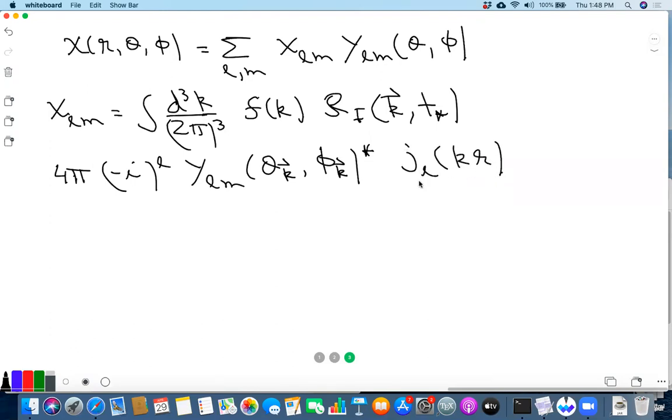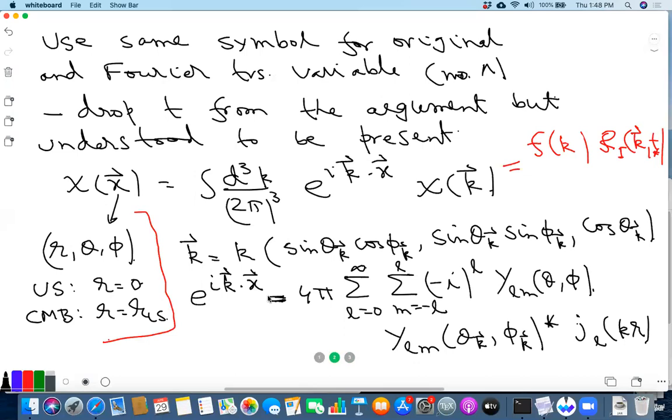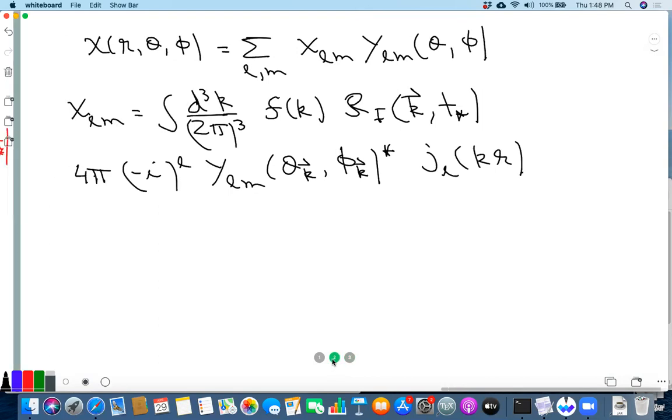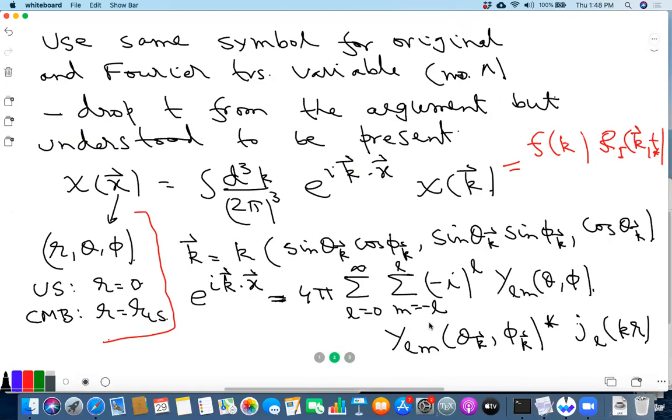Let me just check that I have not missed anything in the previous slide. So this 4 pi minus I to the L, this YLM theta phi, of course, has gone into the definition. Here YLM theta phi has gone here. And everything else is here: YLM theta k phi k star JL kr.